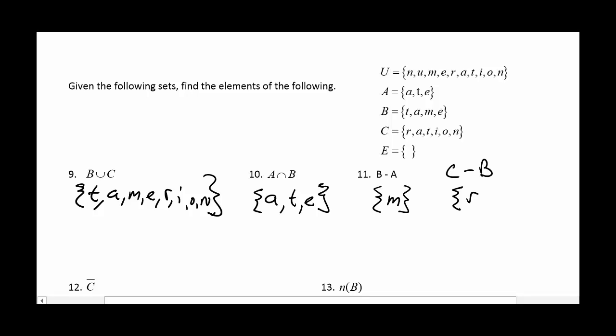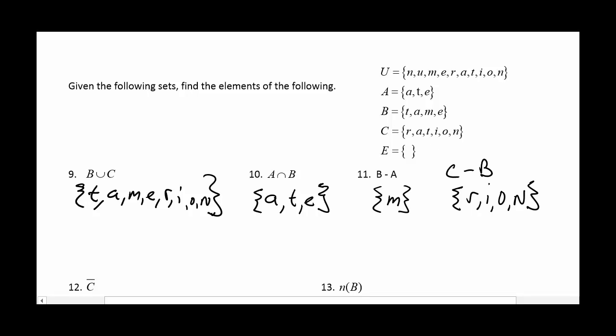A is in both, so A is going to go away, T is going to go away, I is not, O is not, and N is not. And so that's what's left over from C after B takes stuff away from it.